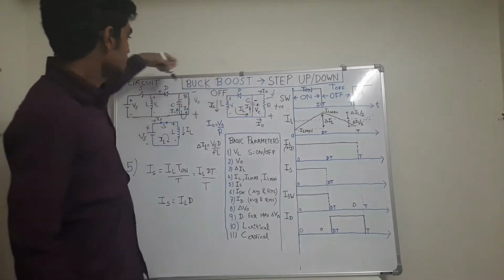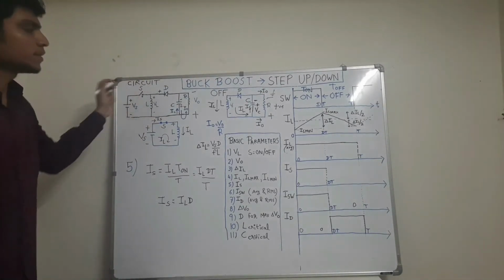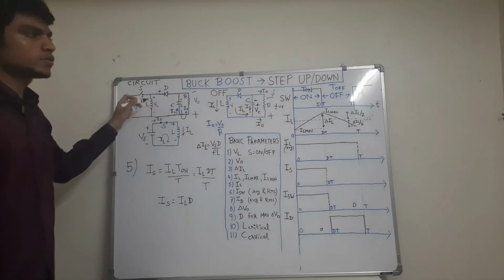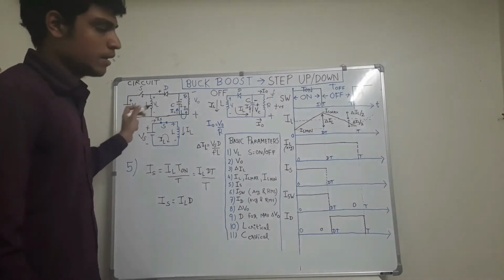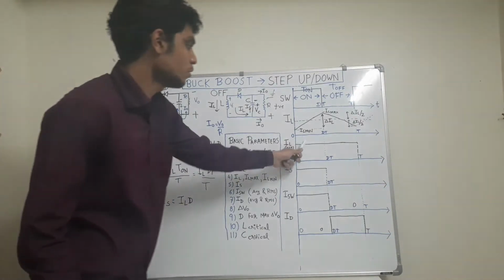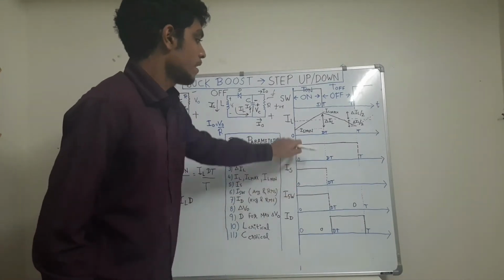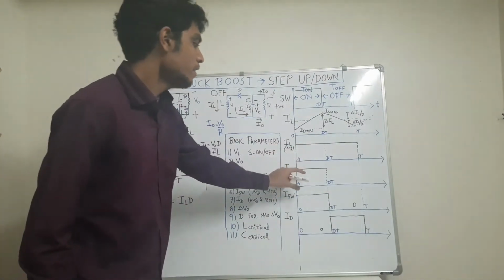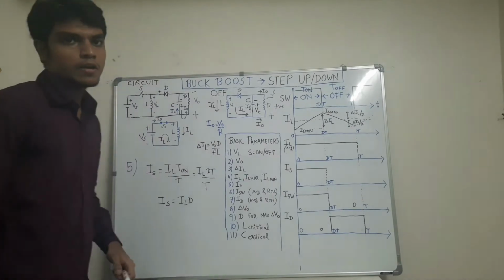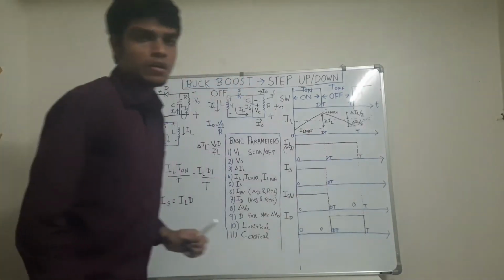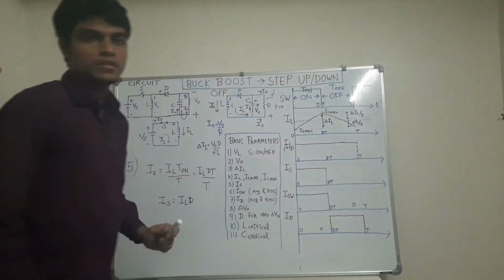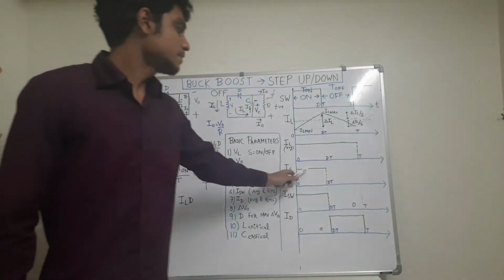that flows into the inductor, the source current, and it charges it. But when the switch is opened, the source is disconnected from the buck boost circuit. Therefore the source current does not flow. So the IL on-time inductor current gets copied in the source current waveform, and this off-time waveform does not come in the source current. So what is this value?